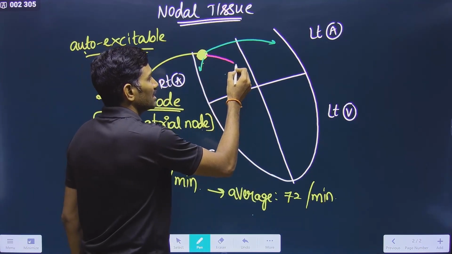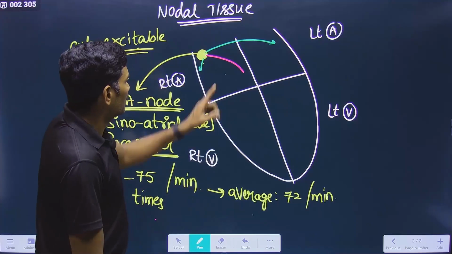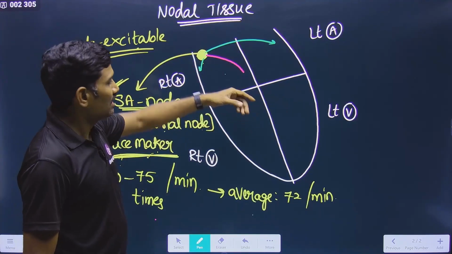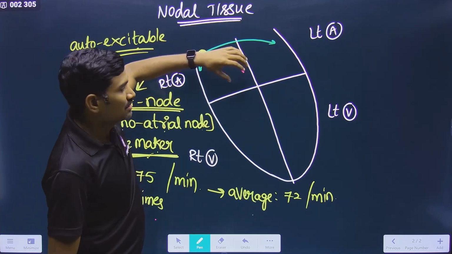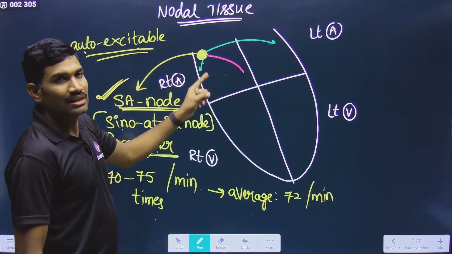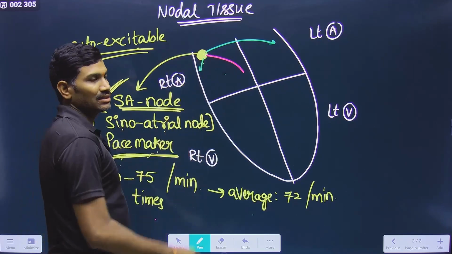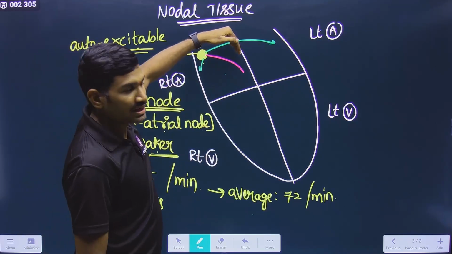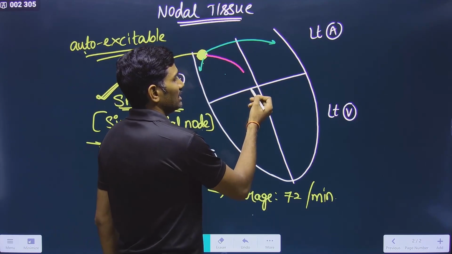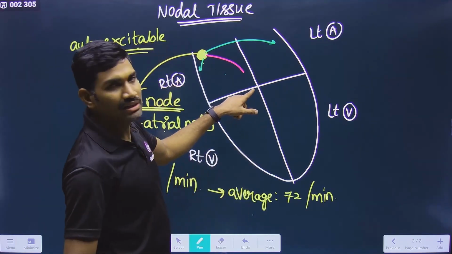Slowly it is moving like this, and here, this is also the right atrium, on the lower left side. For the right atrium, lower left side, just nearer to the atrioventricular septum, this is the atrioventricular septum.